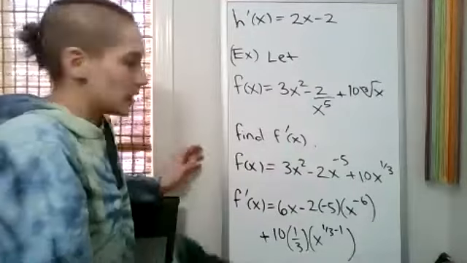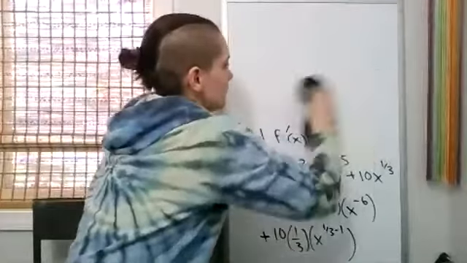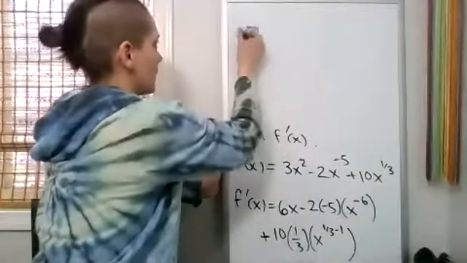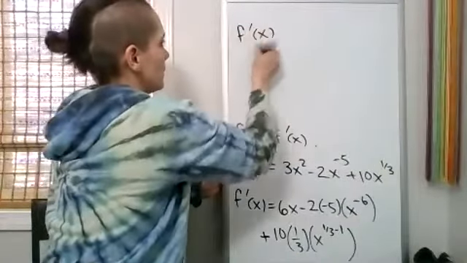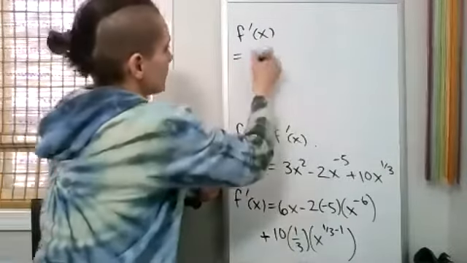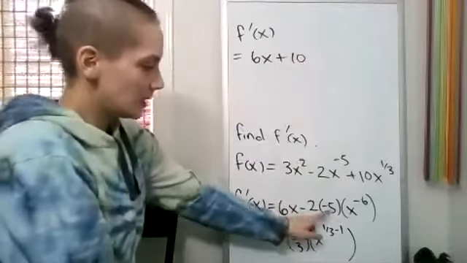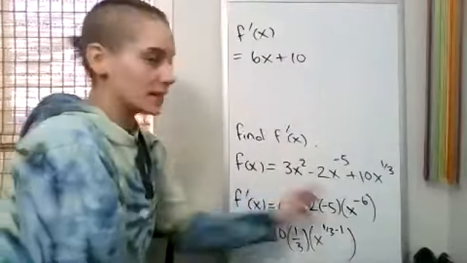Make our answer look a little better. So we will write f prime of x is 6x plus 10 over x to the 6th.